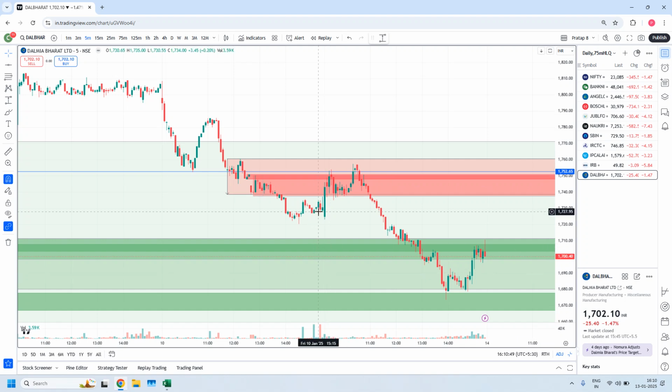Because the market opened with a gap down. When the market opens with a gap down and the order flow is completely out of the fine-tuned zone, we don't consider it, because in the pre-market itself, that means before market open, we know that institutions cancel their order flows in those areas.